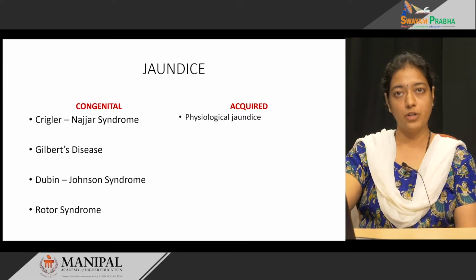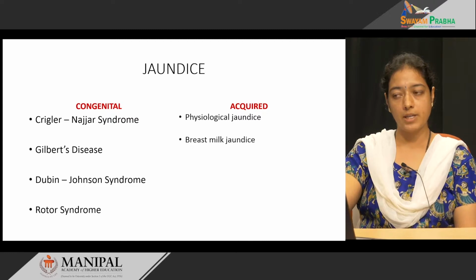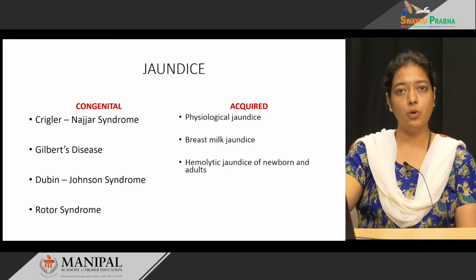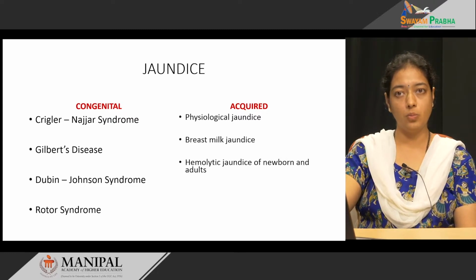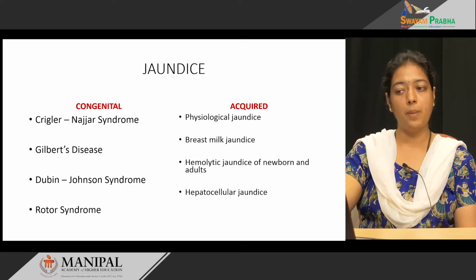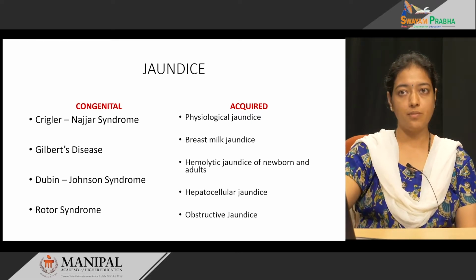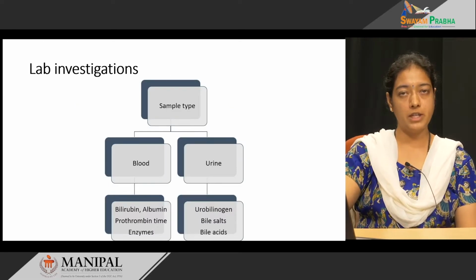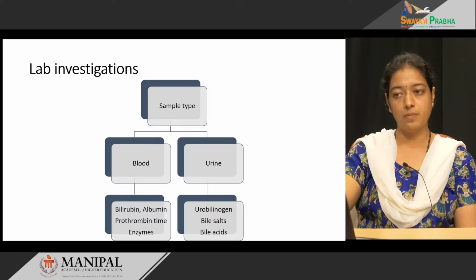They are physiological jaundice, breast milk jaundice, hemolytic jaundice of the newborn as well as hemolytic jaundice seen in adults, hepatocellular jaundice, and obstructive jaundice. Coming to the lab investigations for differential diagnosis of jaundice.